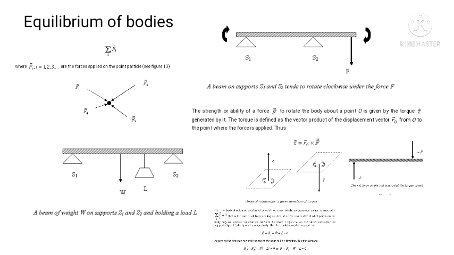Assume the direction towards the top of the page is the y direction. Then this translates to F1j plus F2j minus Wj minus Lj equals 0, or F1 plus F2 minus W minus L equals 0.